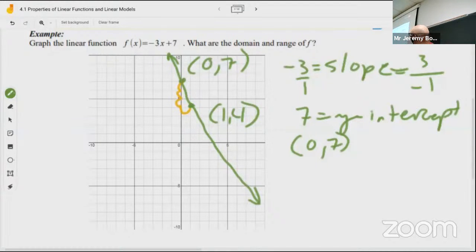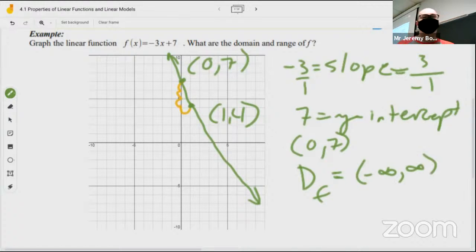All right. What's the domain of my function? Yep, negative infinity to positive infinity, all reals. That can be the domain for all your linear functions. What's the range?